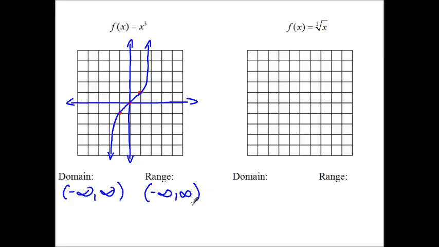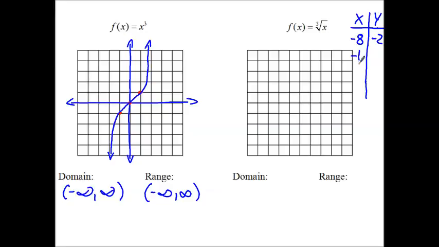Okay, so for our cube root function, let's again use a table of values to give us an idea where we're going to go. Cube roots, again, will be irrational numbers most of the time, unless we use perfect cubes. This is what we're going to do here. -8 is a perfect cube, and the cube root of that is -2.